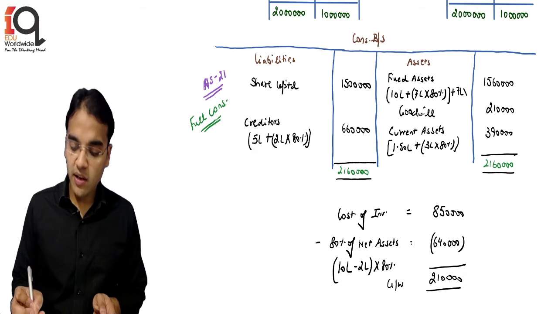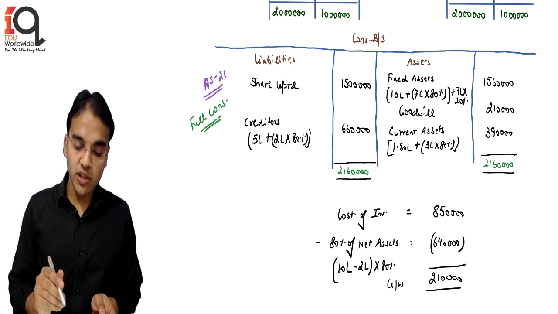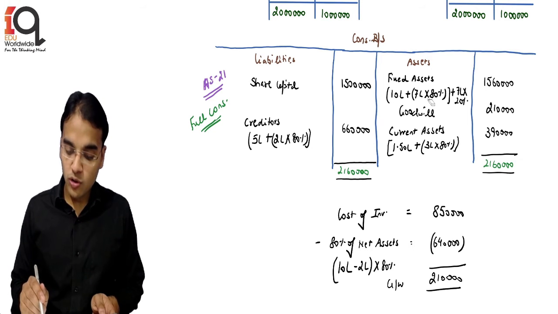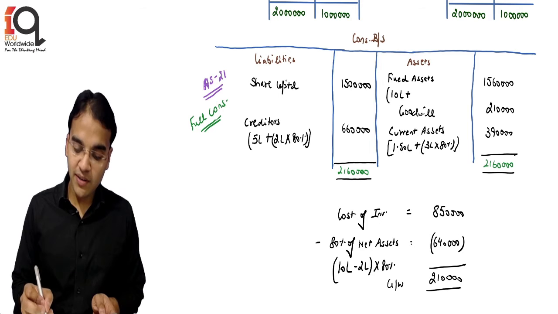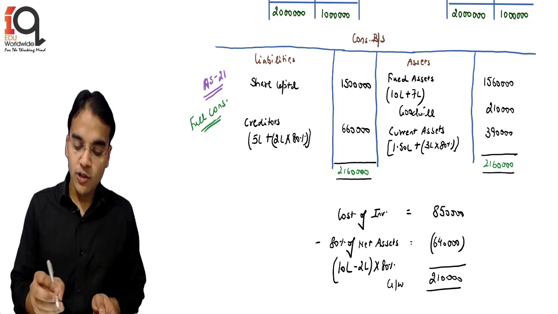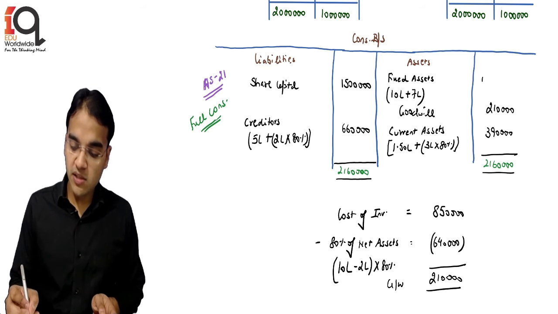So 7 lakh into 20%. You can directly show 7 lakh, student. You can directly show 7 lakh. So what you have to do, you have to show it just like the earlier question. That is 10 lakh plus 7 lakh. Now I am making the correction. So you will see that the values will change a bit, because AS 21 requires full consolidation. So 17 lakh.